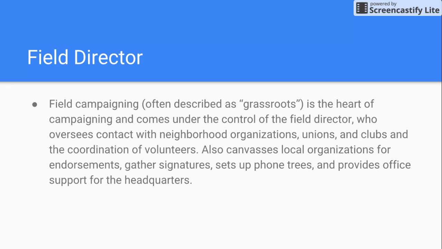So field campaigning comes under the control of the field director, who oversees contact with neighborhood organizations, unions, clubs, and the coordination of volunteers. Also canvasses local organizations for endorsements, gathers signatures, sets up phone trees, and provides office support for the headquarters. So as you can see, there is a lot that goes into campaigning. So the field director's out trying to gather support amongst the community.